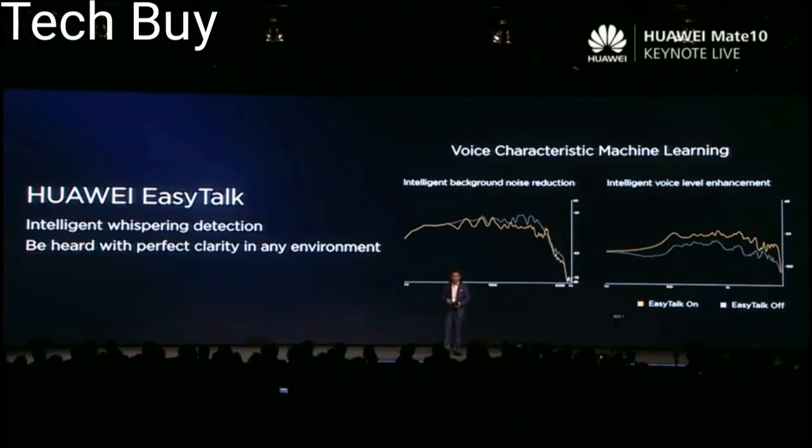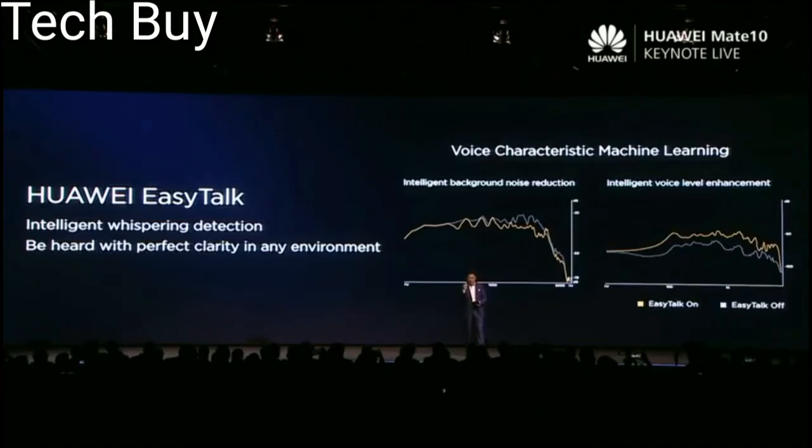And also another thing is, sometimes you make a phone call in a noisy area and you have to speak loudly. But that's not good. So in this phone, with the AI engine inside, you can even whisper in a noisy area. How can you do that?